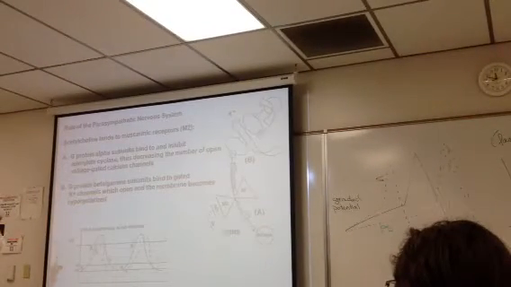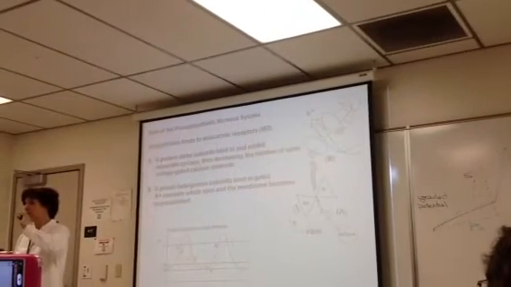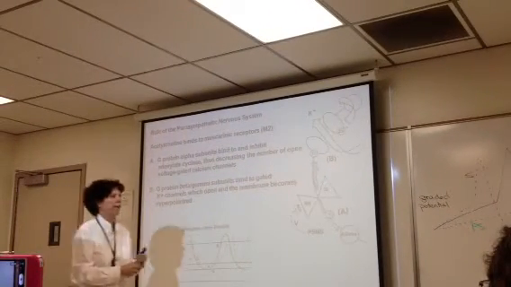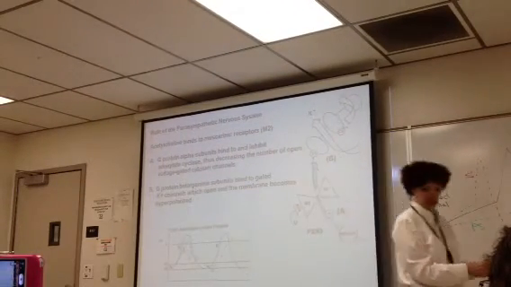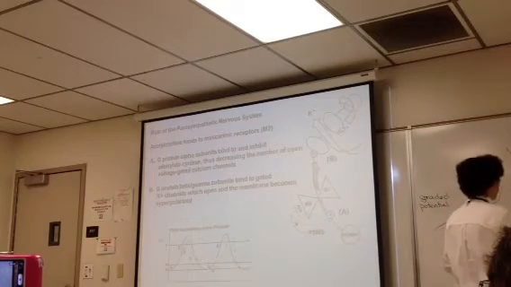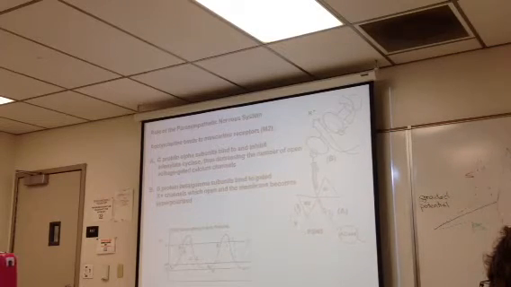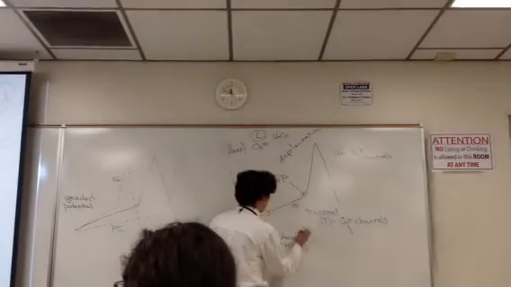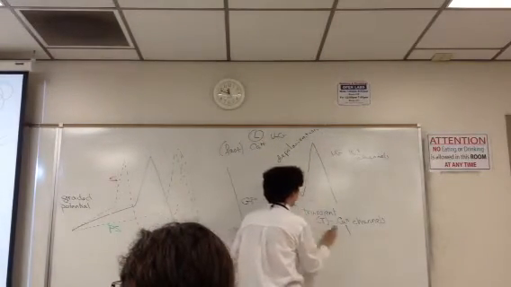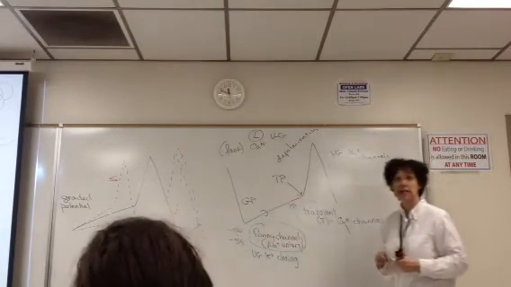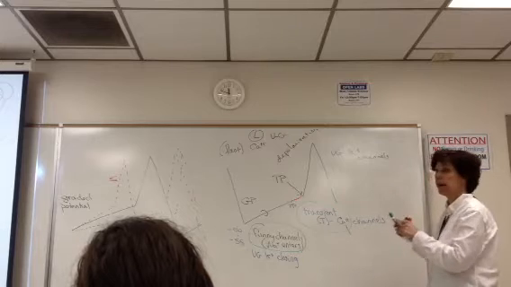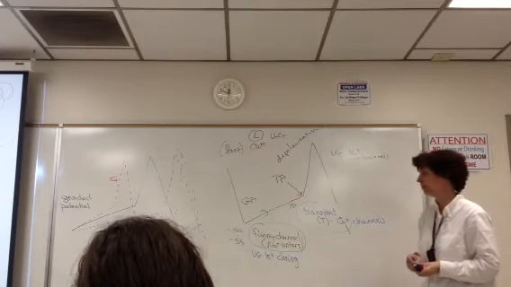So to slow it down, we do that by two things. We affect the funny channels, and we affect the transient calcium channels through the parasympathetic nervous system.